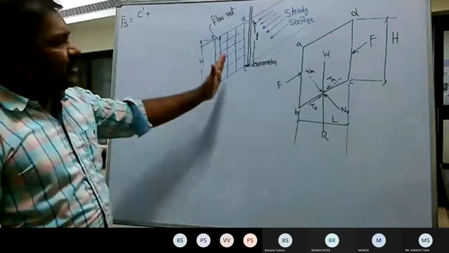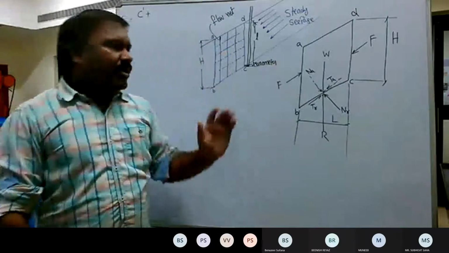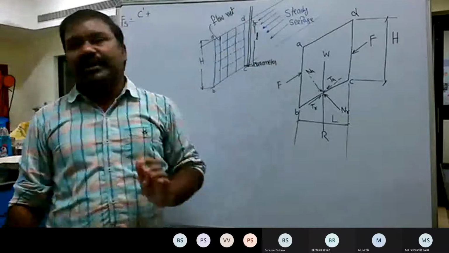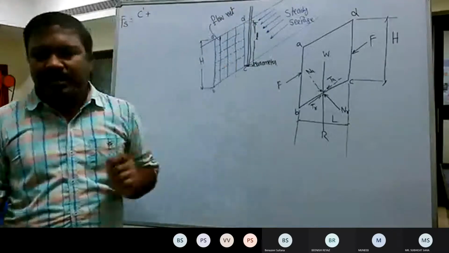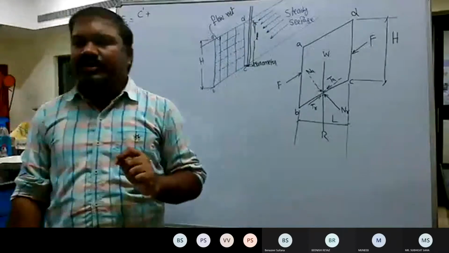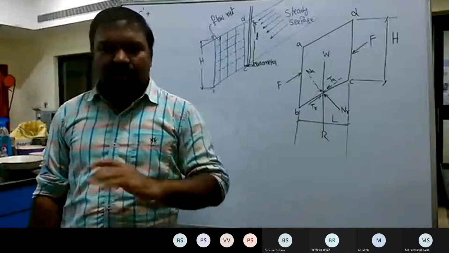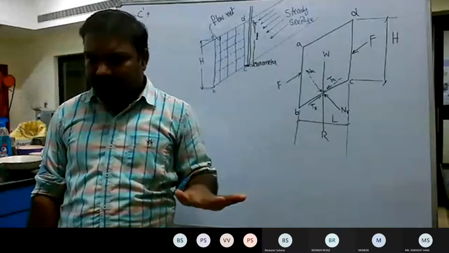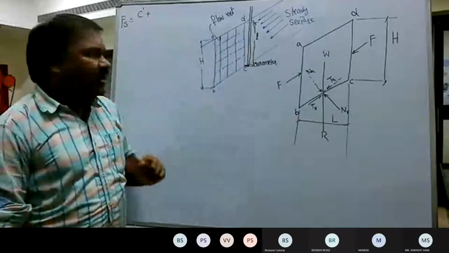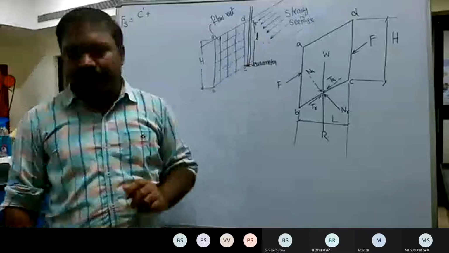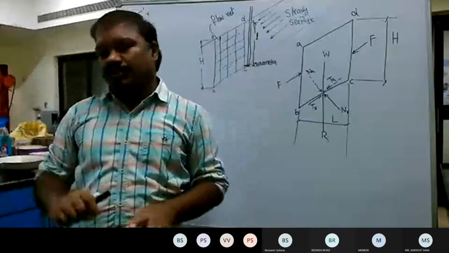One important thing you need to understand when you deal with the steady state seepage condition as well as the submerged condition is that in the submerged condition, the water is in a static condition. There is no movement of the water at all. It is like a static existence of the groundwater table. On the other hand, when there is a steady seepage, water continuously flows.